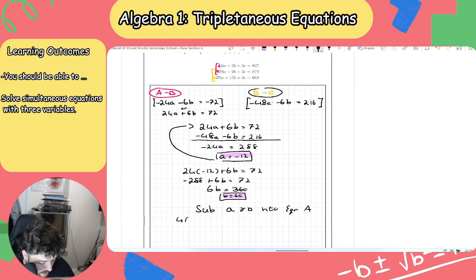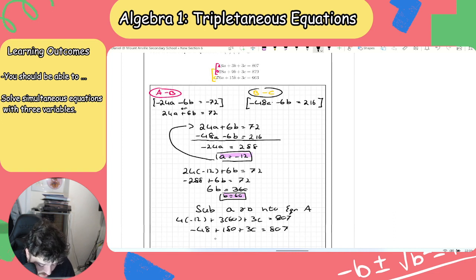So 4 times minus 12 plus 3 times 60 plus 3C is equal to 807. Minus 48 plus 180 plus 3C equals 807.